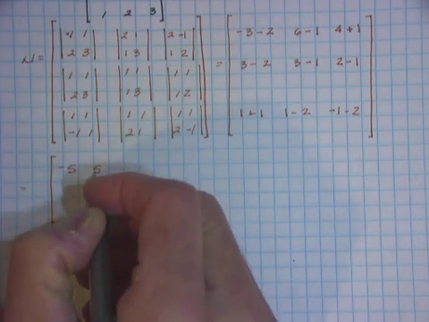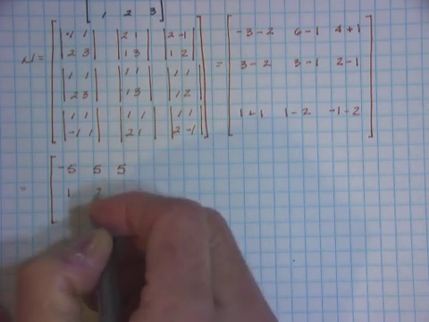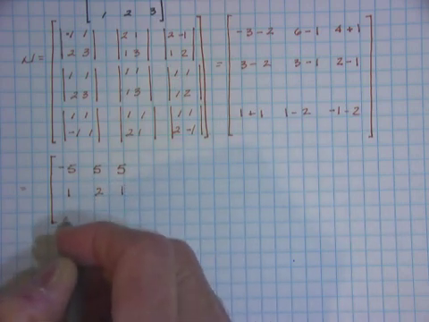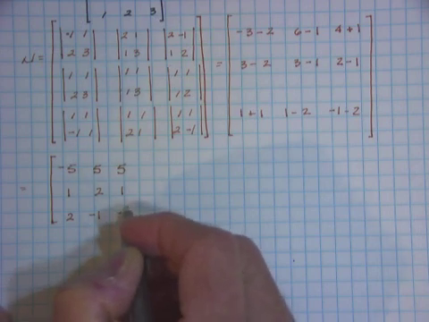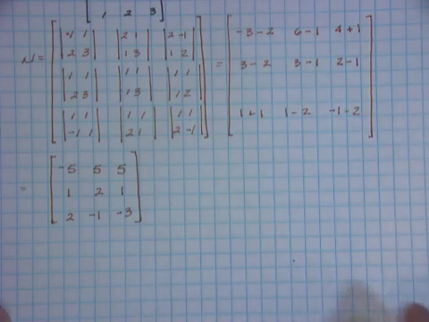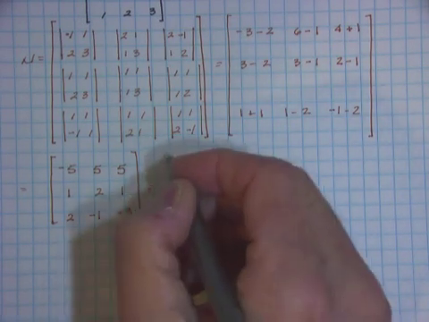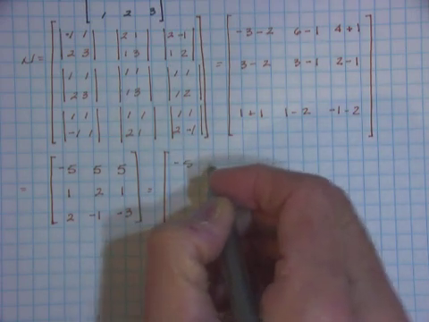Okay? We have some more arithmetic to do. You having fun yet? So this equals the matrix with rows negative 5, 5, 5; 1, 2, 1; 2, negative 1, and negative 3.